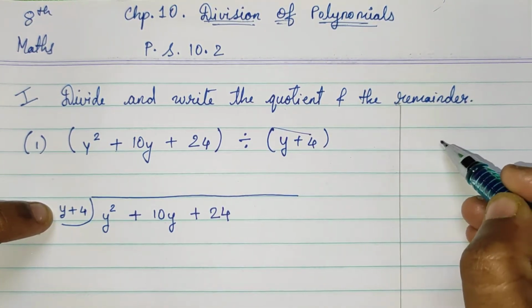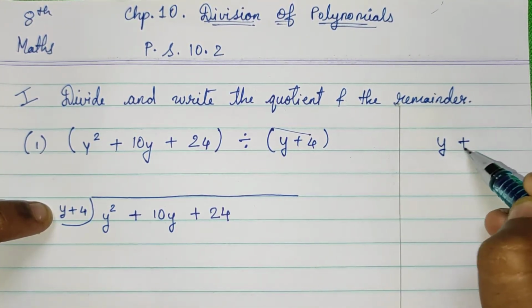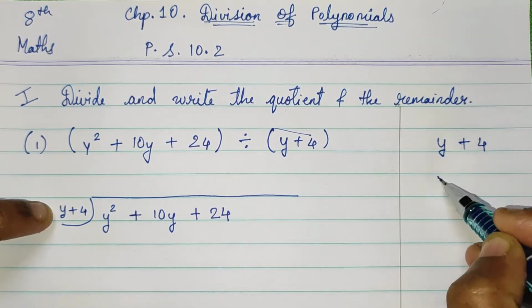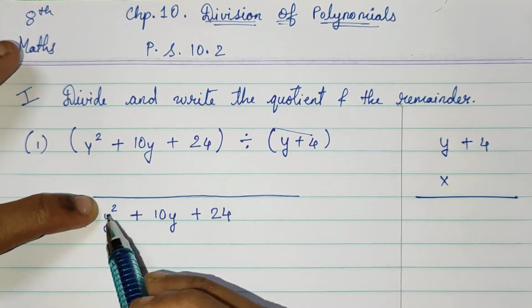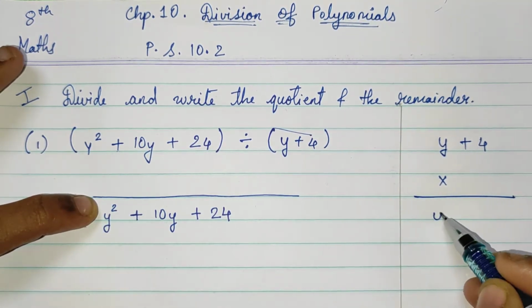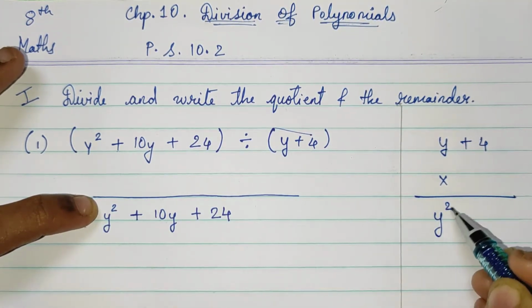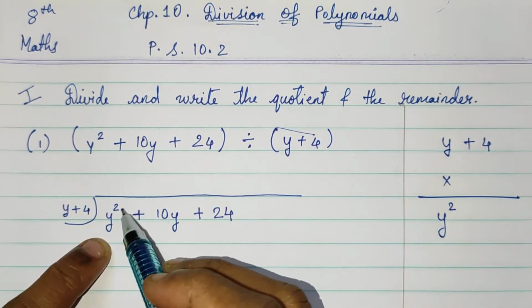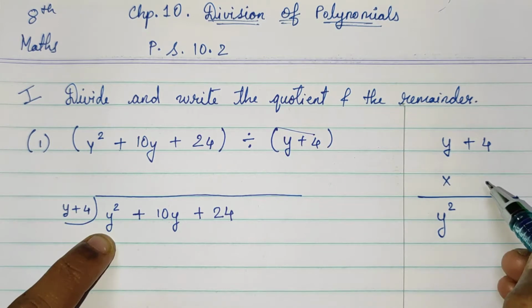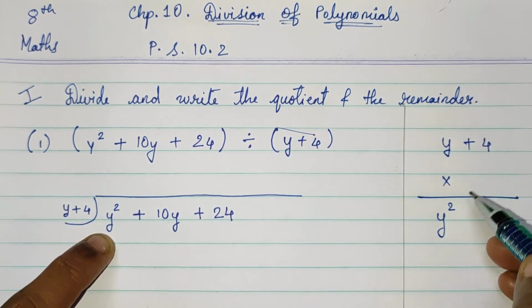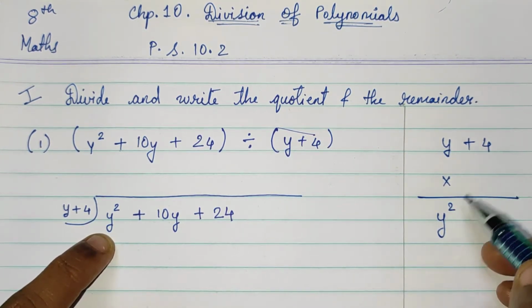Take this divisor over here, y plus 4, and see what the first term is. You have to get y squared. आपका जो ये फर्स्ट है ना डिविडेंड, ये कट होना चाहिए. So we need a multiplication so that this gets cut.